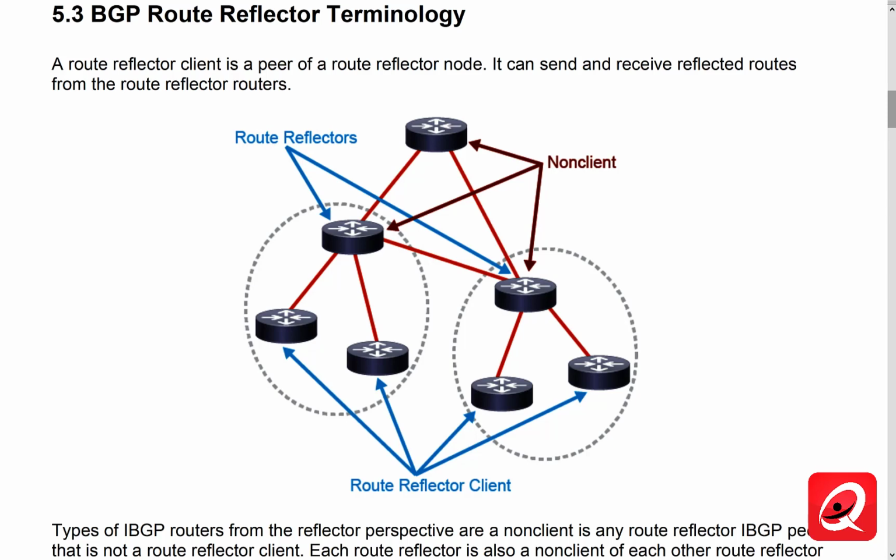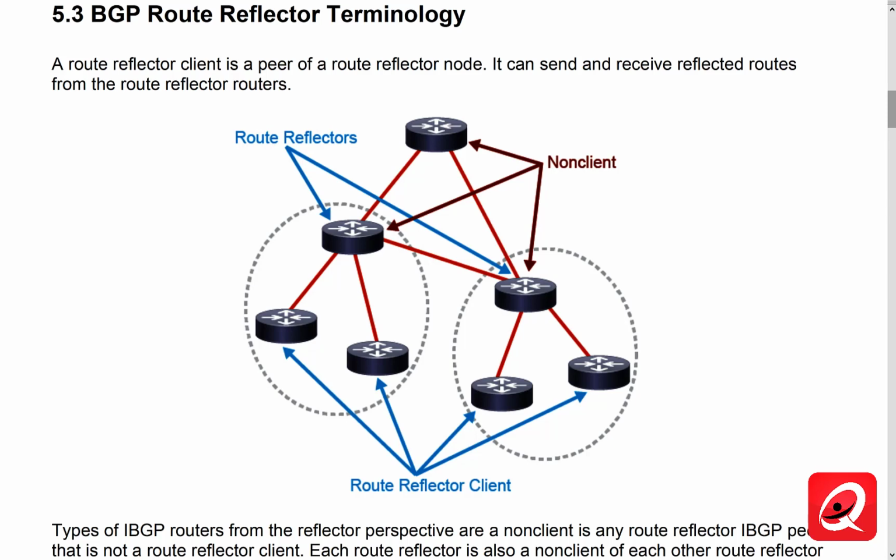Now, because the route reflector propagates the iBGP routes to the other iBGP peers, a full mesh of peers, meaning peering between all the clients in the entire domain, is no longer needed. This is obviously going to save a large number of iBGP sessions that would normally have to be maintained if I did not have this route reflector concept.